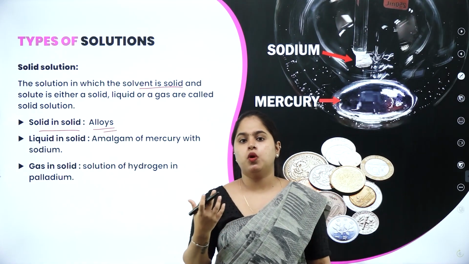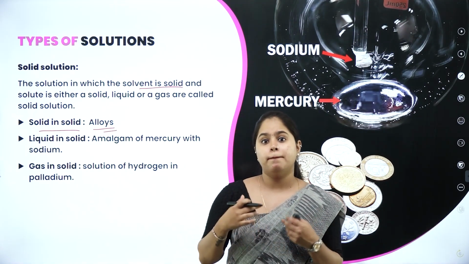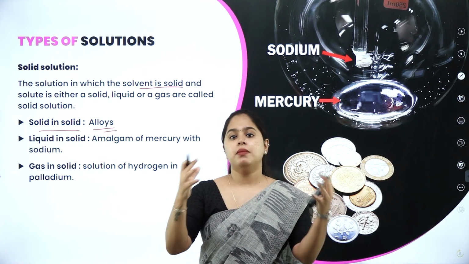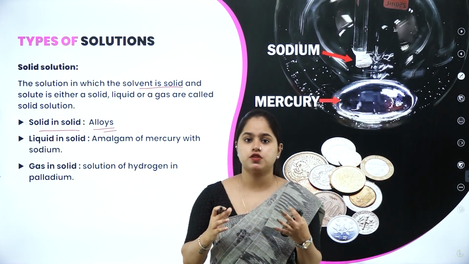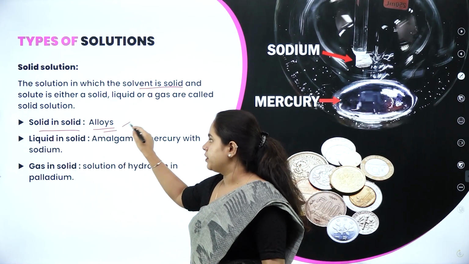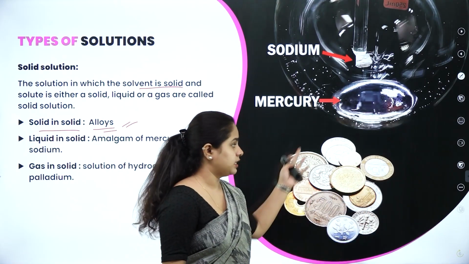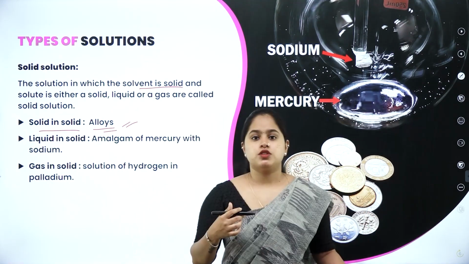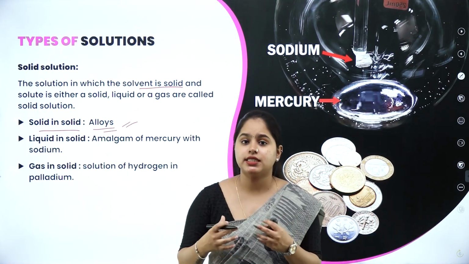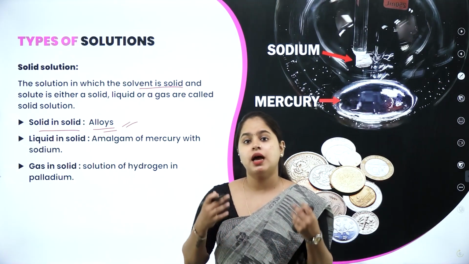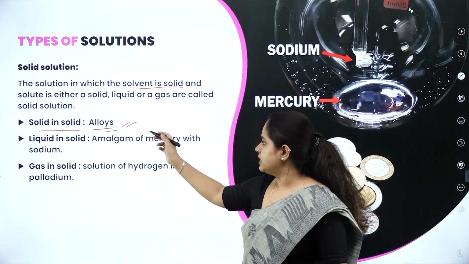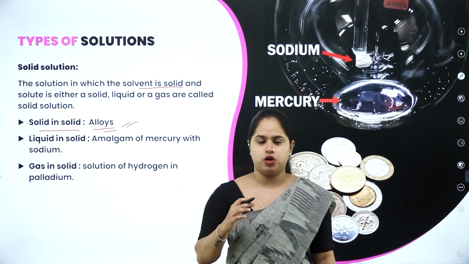You know what alloys are? It is a mixture of metals. When metals are mixed in a homogeneous composition, we get alloys. Bronze, brass, the coins are made of them. Bronze and brass are all mixtures of various metals. So, that is an example of solid in solid solution.